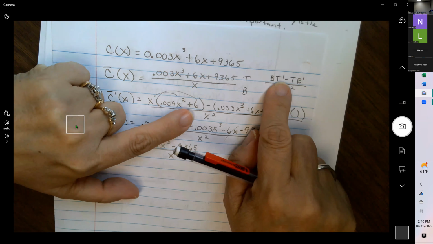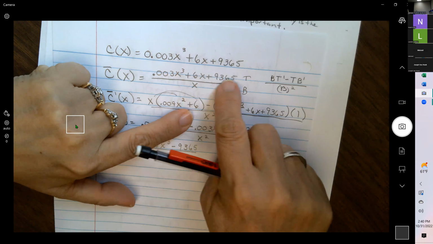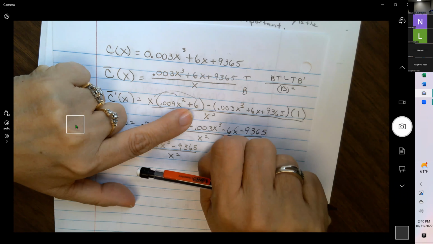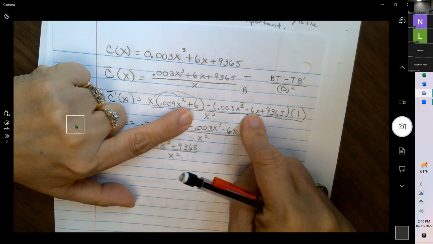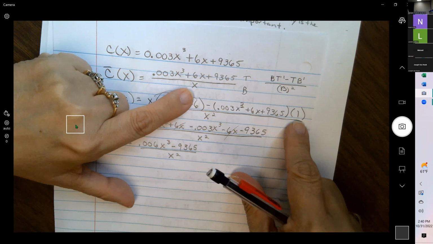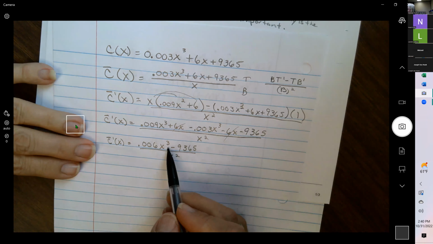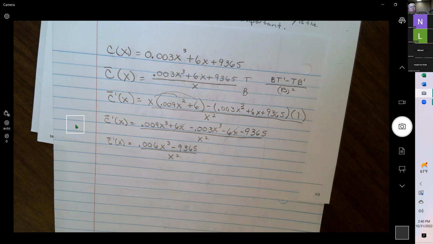And then the next group is the derivative of the top. Minus the top, and then the derivative of x is just 1. Any other questions on the derivative?